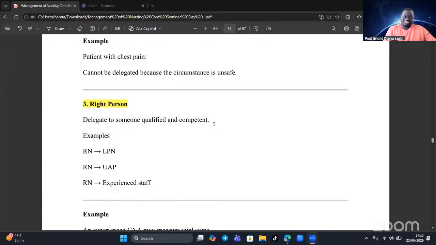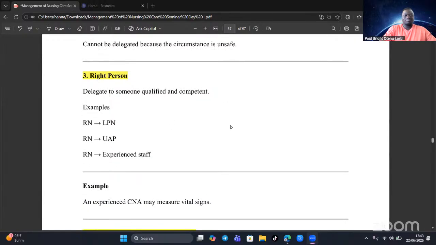A patient had cardiac arrest, and you told the LPN to do CPR. Who will be in trouble? If the patient's relative takes the matter to court, they will come and inspect this online training. Have you finished your online training? Yes, or no. If no, you are in big trouble. So nurses, we work in a very dangerous environment, where you, as the one delegating, must ask the LPN, have you done this training?